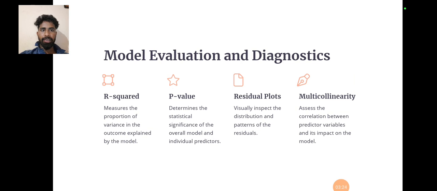Model evaluation and diagnostics. R squared measures the proportion of variance in the outcome explained by the model. P-value determines the statistical significance of the overall model and individual predictors.